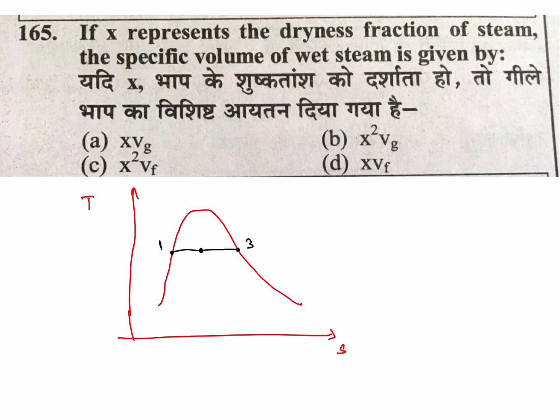So 1 point, this is your liquid region. Between 1 and 3 you will get wet steam or saturated liquid-vapor mixture.